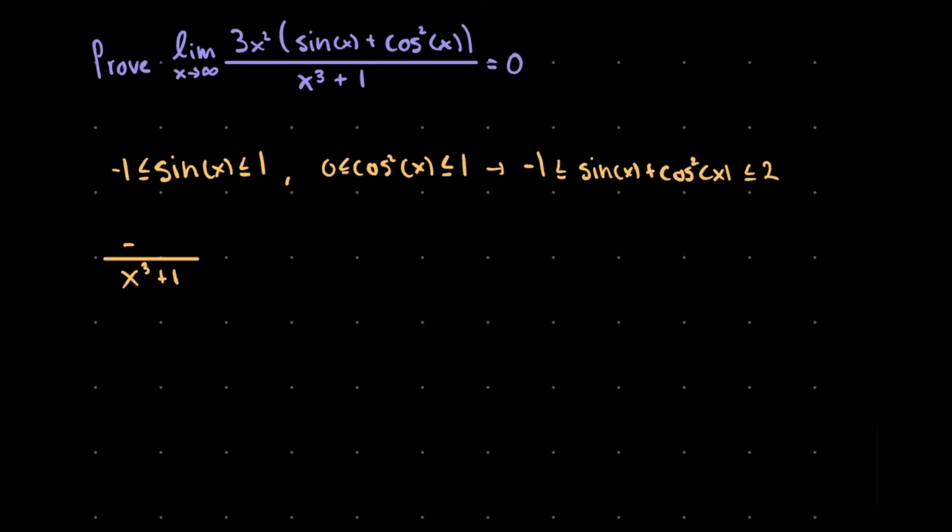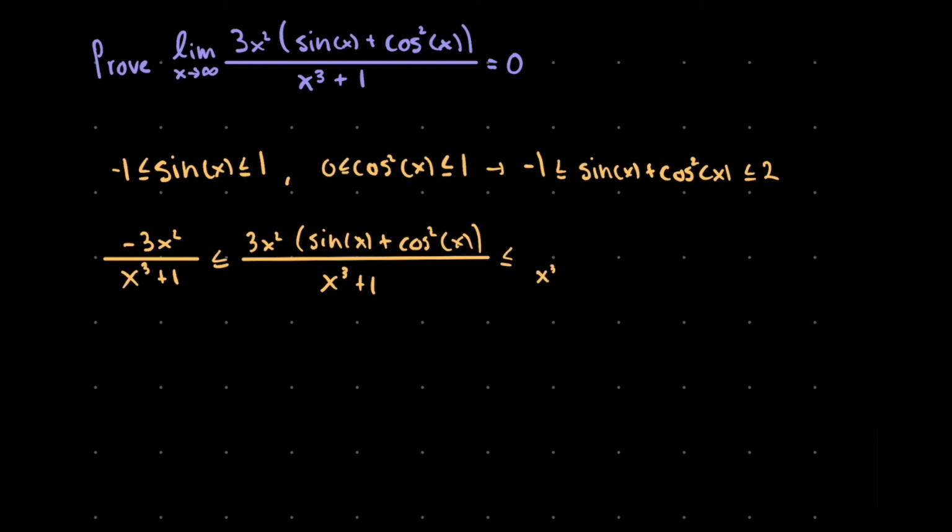This is less than or equal to 3x squared times sine x plus cos squared x, and that's all over x cubed plus 1. And finally, our right-hand side, we have x cubed plus 1 in the denominator, and we have 3x squared in the numerator.